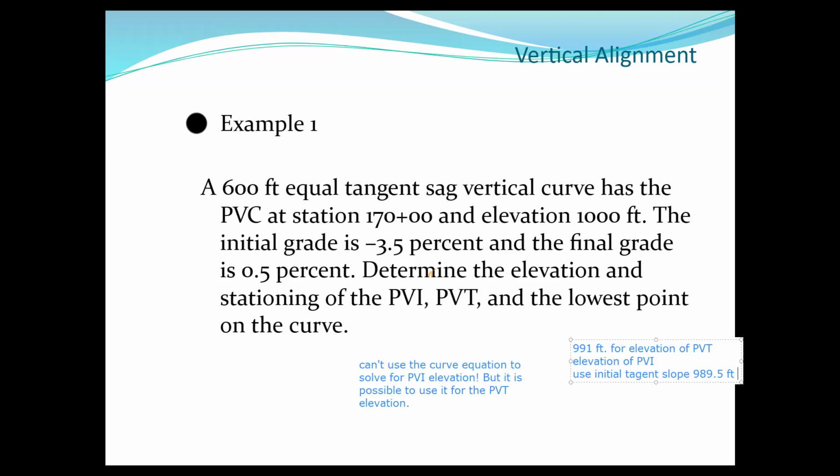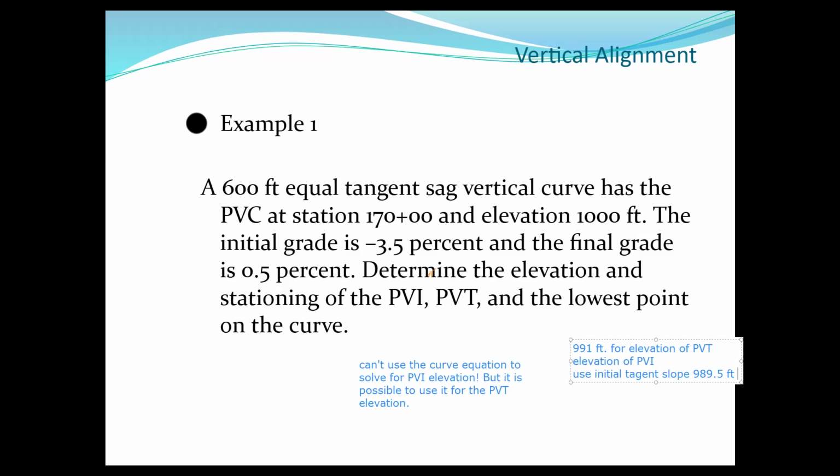So if you're trying to find the stationing, the PVC is equal to 170 plus 00, right? So stationing of PVC is 170 plus 00.